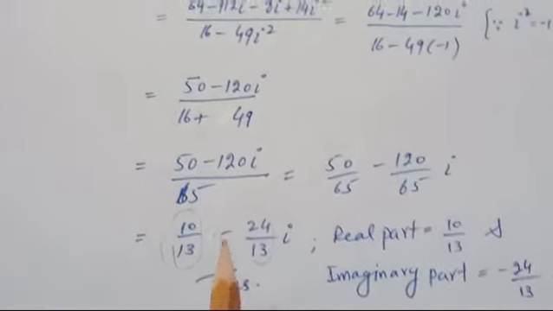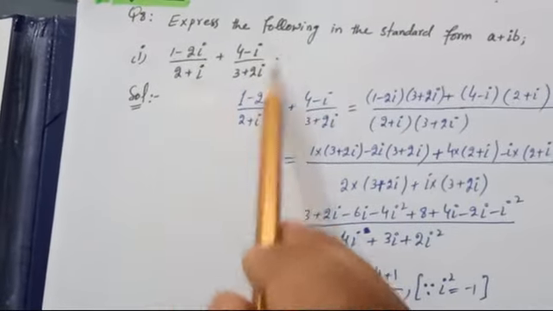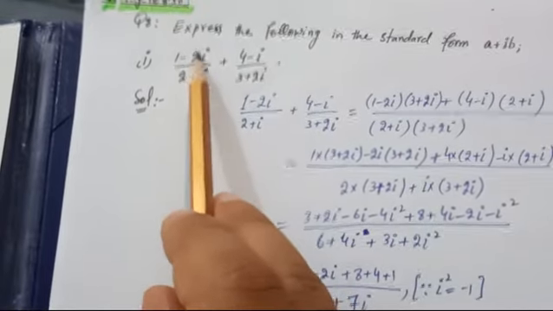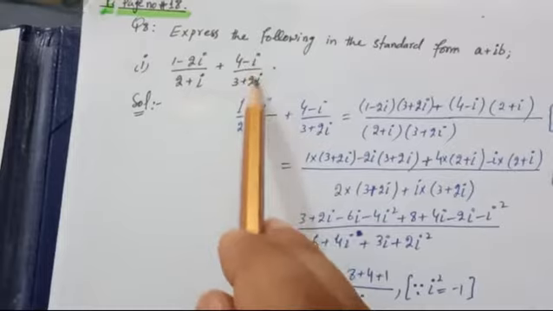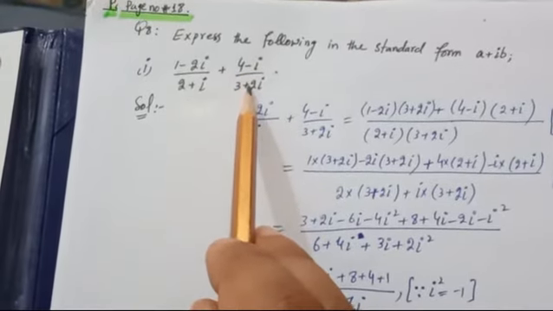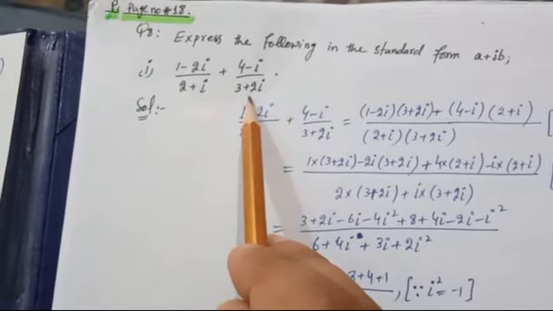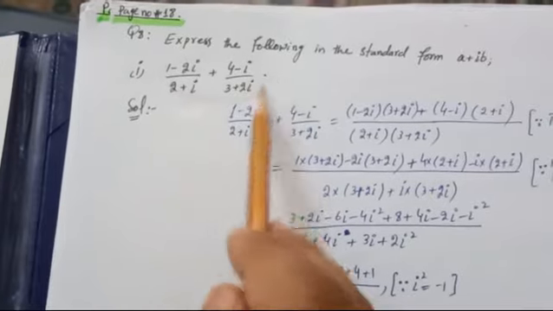So you see that this given expression of complex numbers, the first part of this expression contains the division of two complex numbers. This is the first term, this is the second term. So the first term contains the division of two complex numbers, the second term contains the division of two complex numbers.